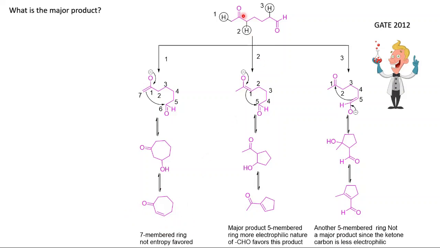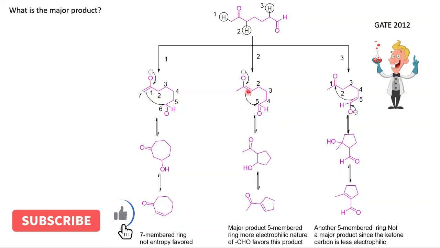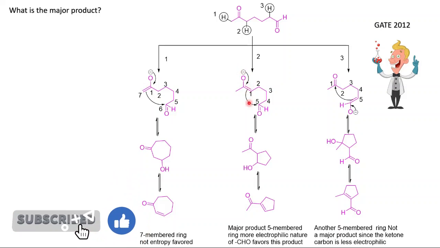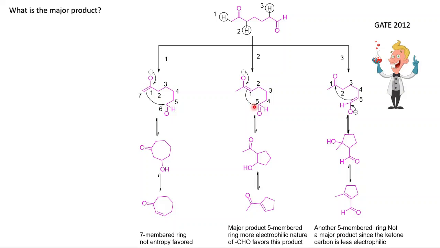Now we will move to this proton. When this proton is abstracted, there will be formation of a Z enolate. The Z enolate will attack this electrophilic center. Here I want to share something: between aldehyde and ketone, the aldehyde is more electrophilic than the ketone.